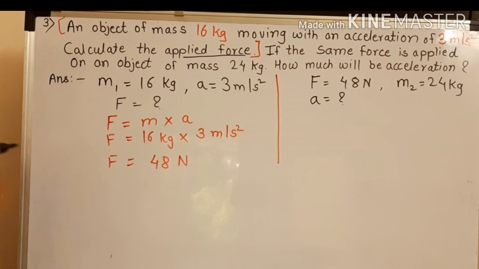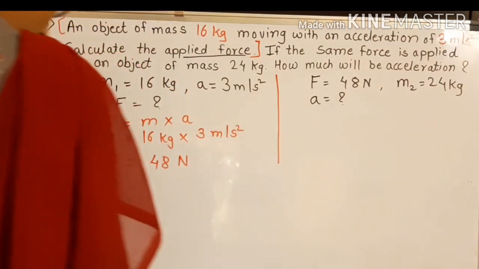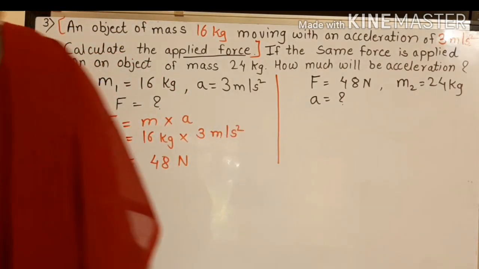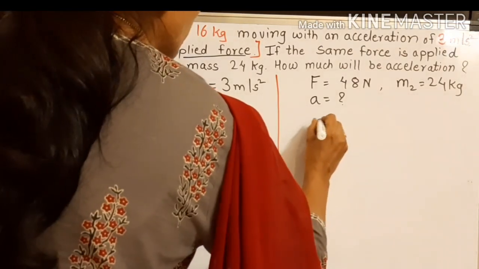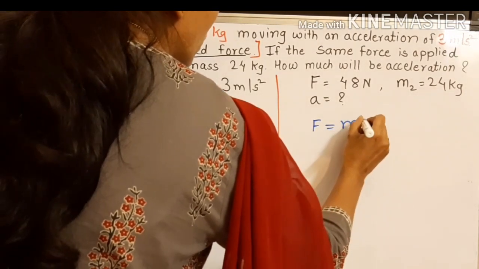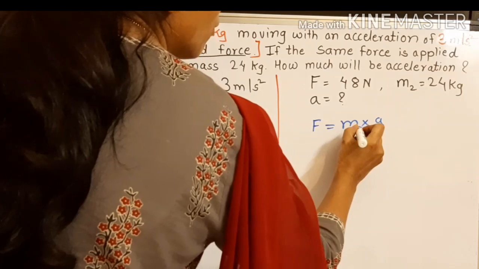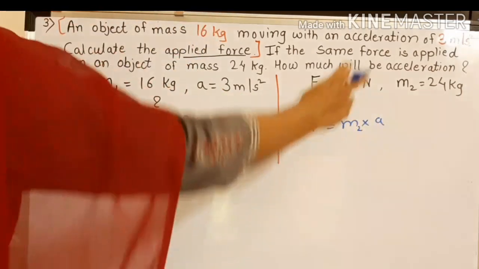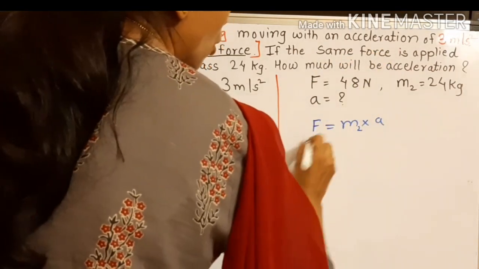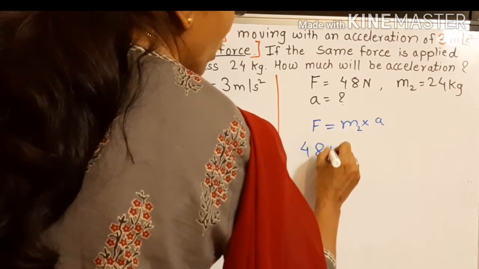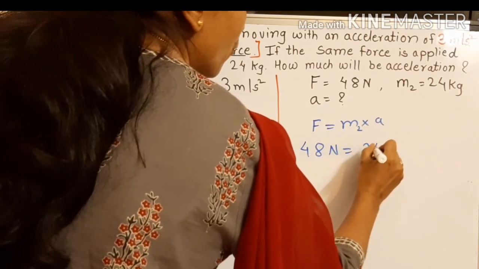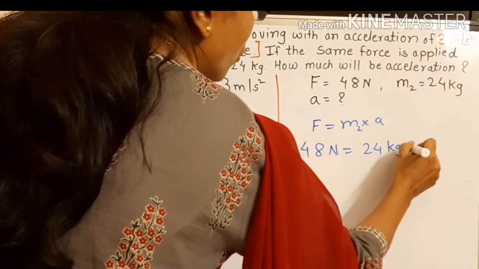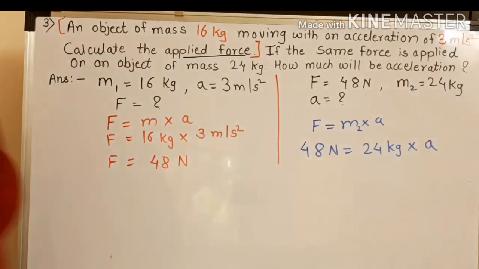Again the same formula we are going to use here: F is equal to mass into acceleration. Here we write M2 because we have taken the second mass, second object. Force is 48 Newton, mass 24 kg, and we have to calculate acceleration.